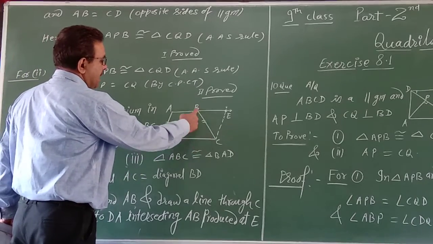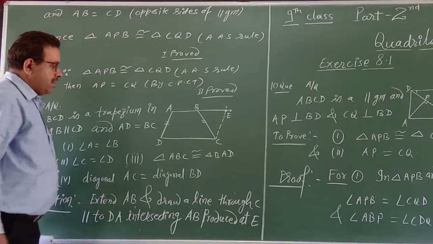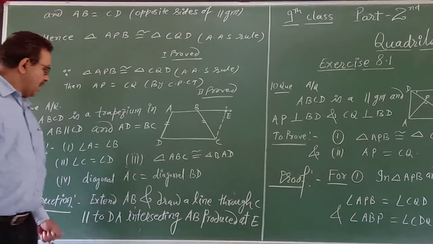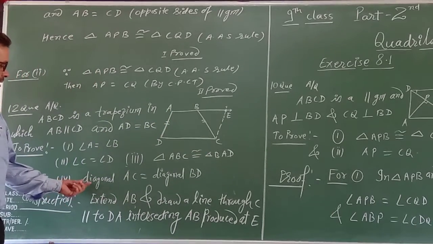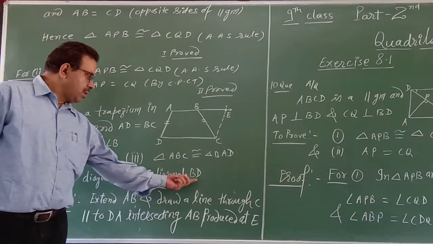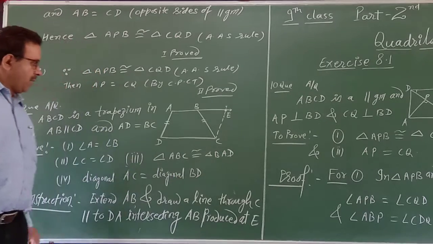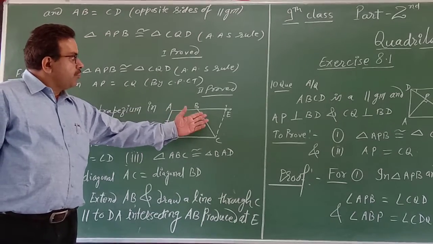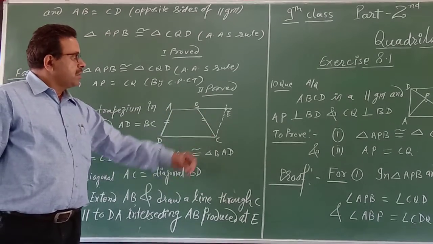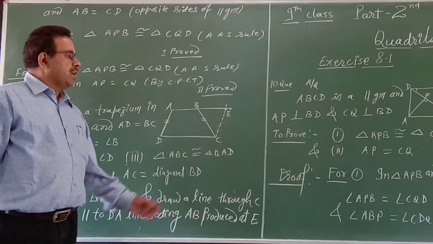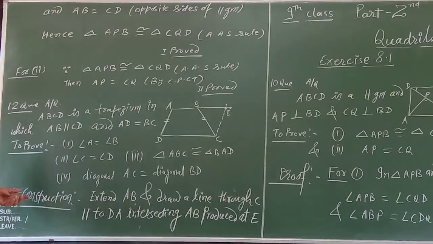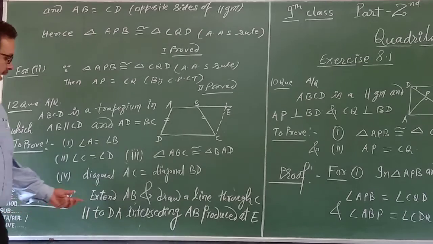We need to prove angle C equal to angle D, triangle ABC congruent triangle BAD, and in the fourth, diagonal AC equal to diagonal BD. For this, as we already said, we need a construction with the help of the parallelogram, which we are already studying in this chapter. So in the construction, what did we do?